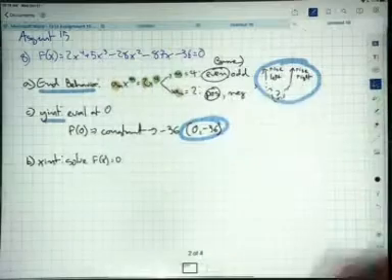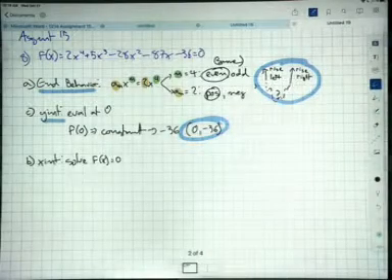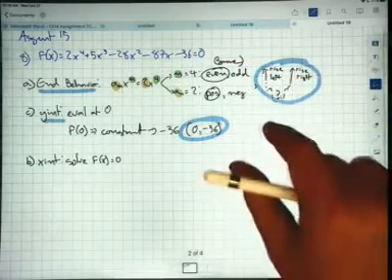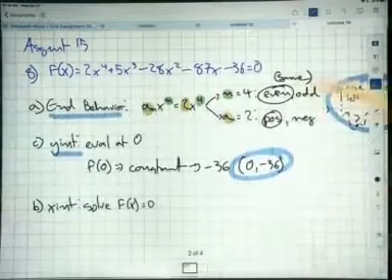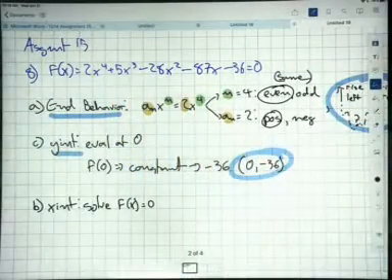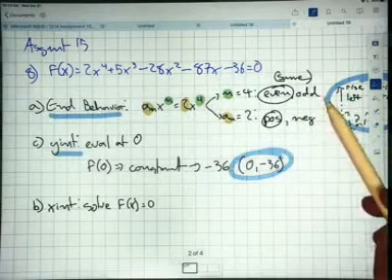Mainly because if you're doing it on your own, it's going to require a lot of work. Number one, this function at the top has 1, 2, 3, 4, 5 terms. I don't know how to factor a 5-term polynomial.